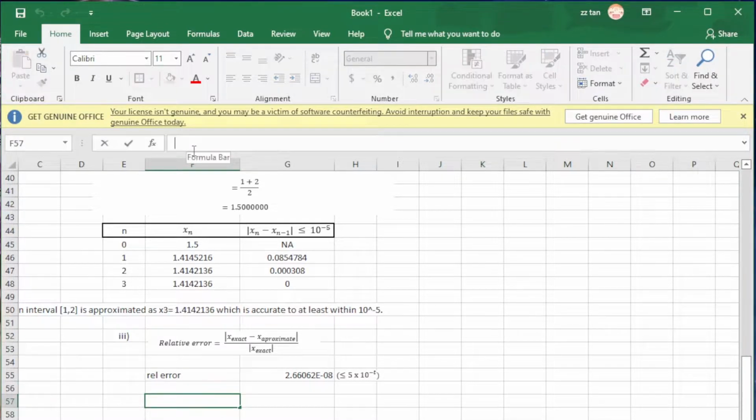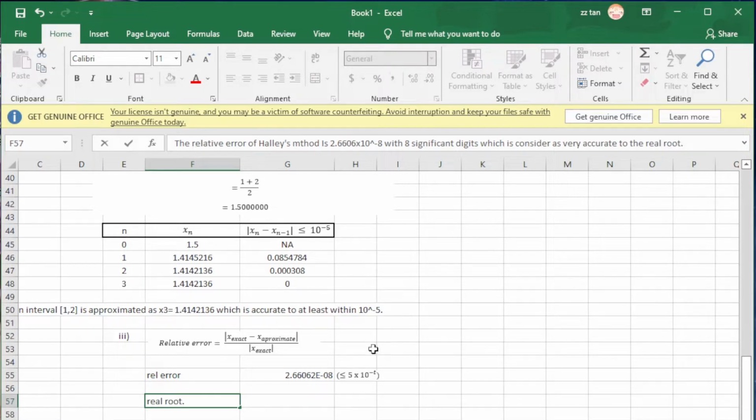So you can write the conclusion that the relative error of Halley's method is 2.6606 times 10 to the power of negative 8 with 8 significant digits, which is considered very accurate to the real root.